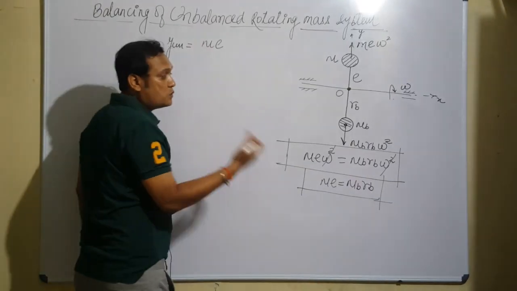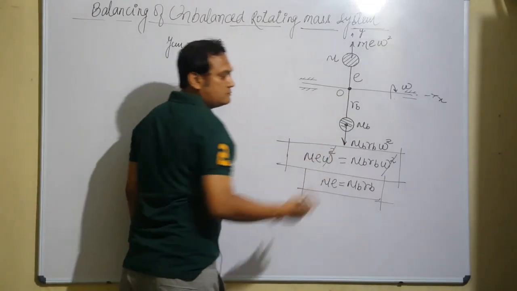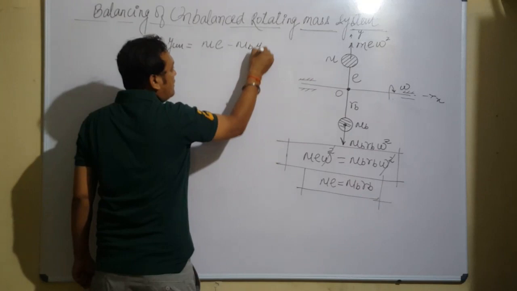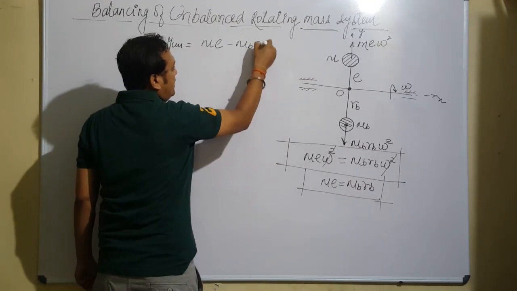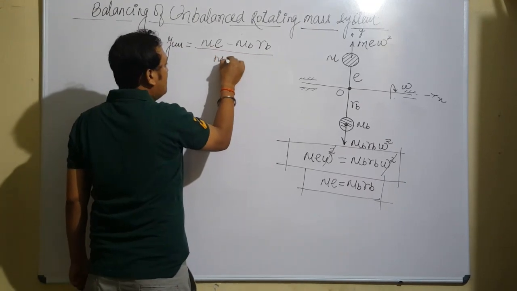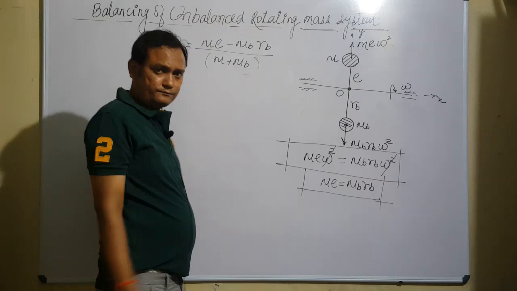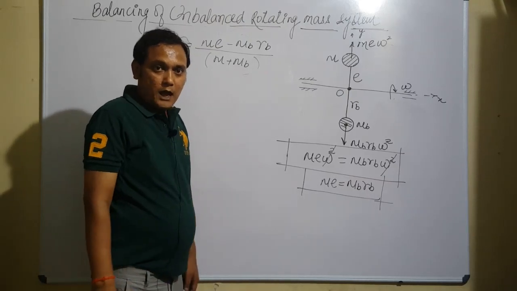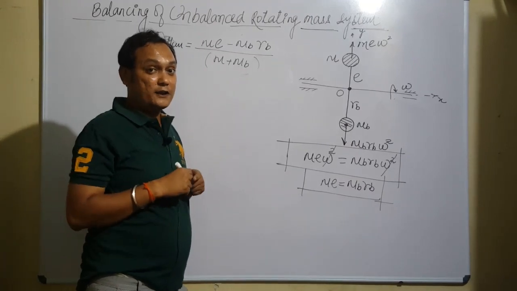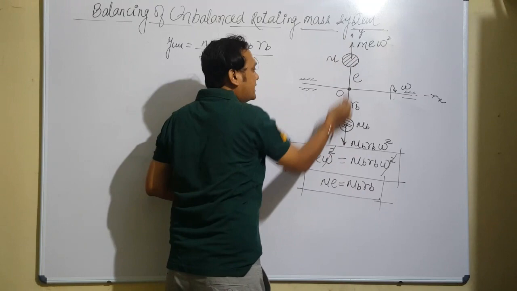Mb and its y coordinate Rb but negative. It is below, on the negative y-axis. So minus Mb and its y coordinate is Rb divided over M plus Mb. The same concept we have just seen. And my center of mass x coordinate will surely lie somewhere here.